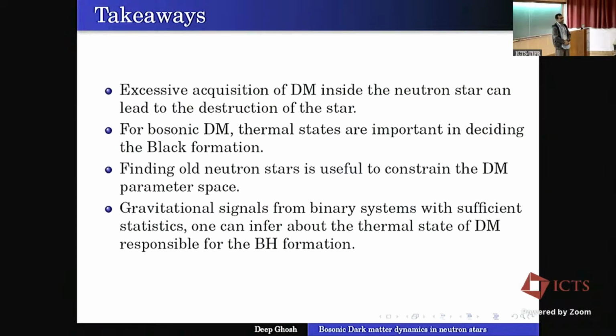In most scenarios, people consider dark matter annihilating to standard model particles which are confined inside the neutron star, and then it can heat it up. That late time heating can be probed by the James Webb telescope and so on. Here we do not consider this annihilation, so we are not assuming extra heating from dark matter. It's just standard evolution, standard Murca processes and photon cooling and so on.